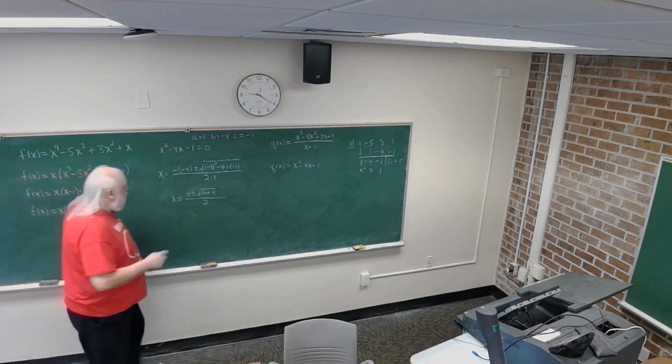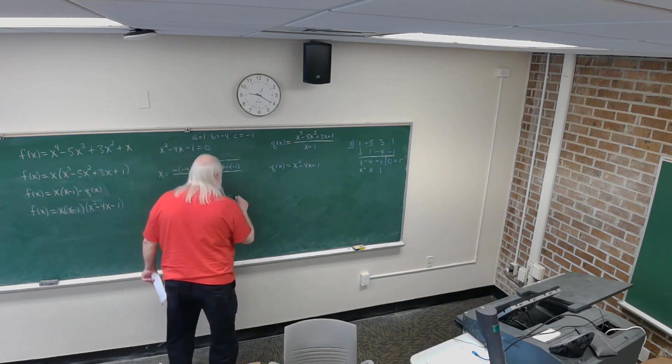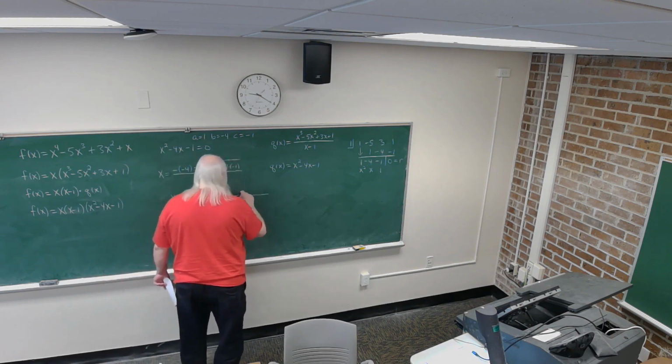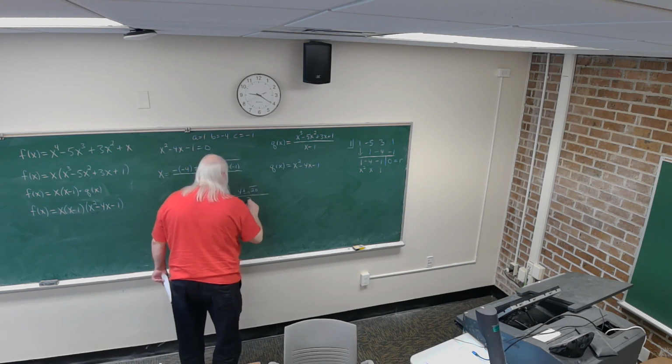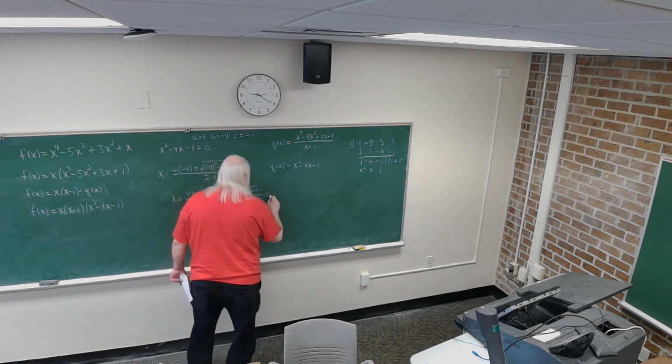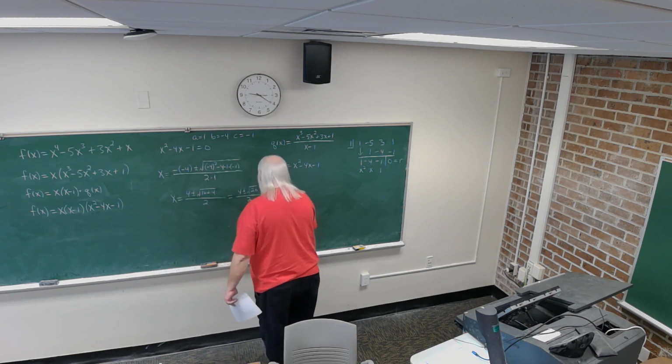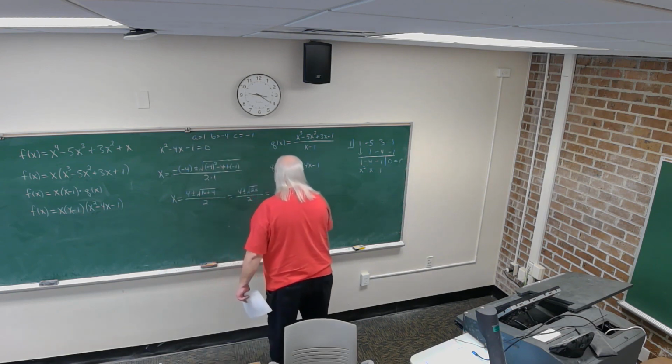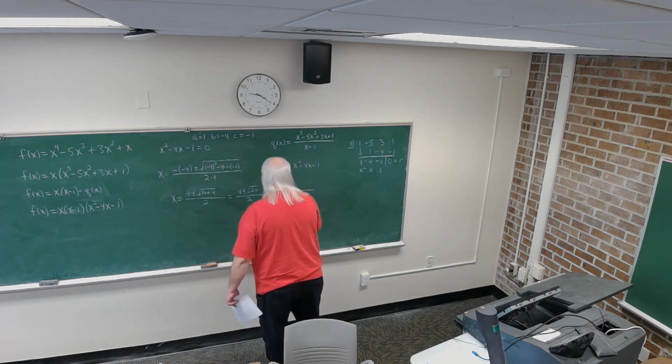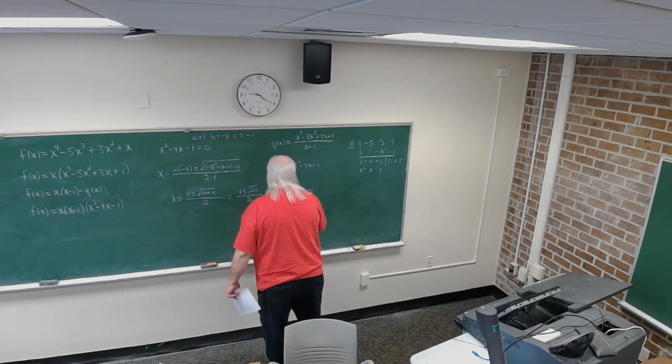16 and 4 is 20. 4 plus or minus the square root of 20 over 2. And square root of 20 reduces to 2 root 5.